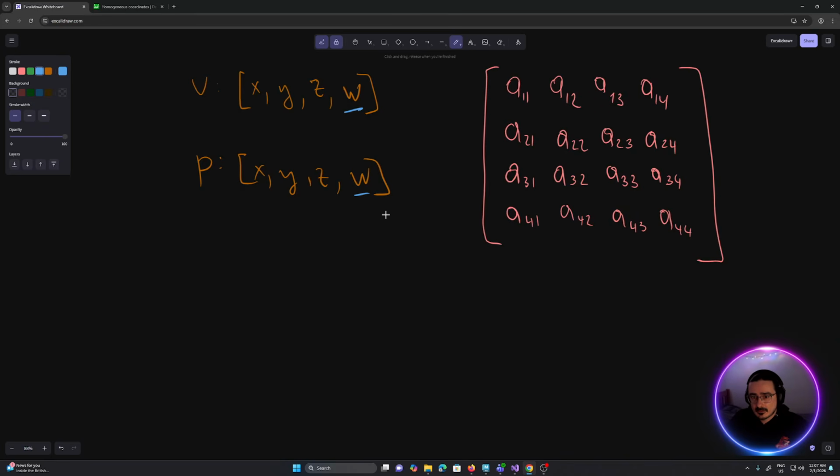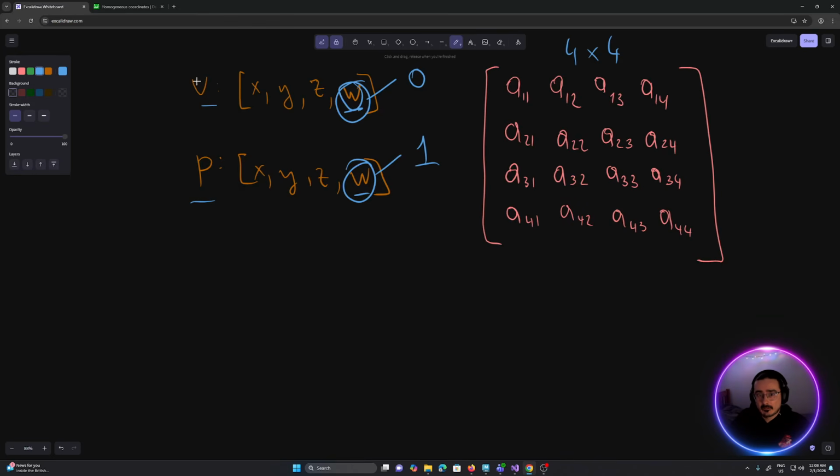We need to use it just to be able to multiply vector and point with a 4x4 matrix. So we need to have the 4-dimensional vector to multiply it with a 4x4 matrix. And the main difference between the vector and the point is that the homogeneous coordinate for the vector is 0, and homogeneous coordinate for the point is always 1.